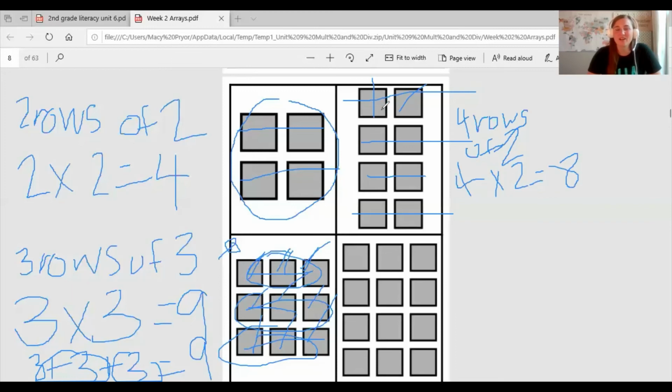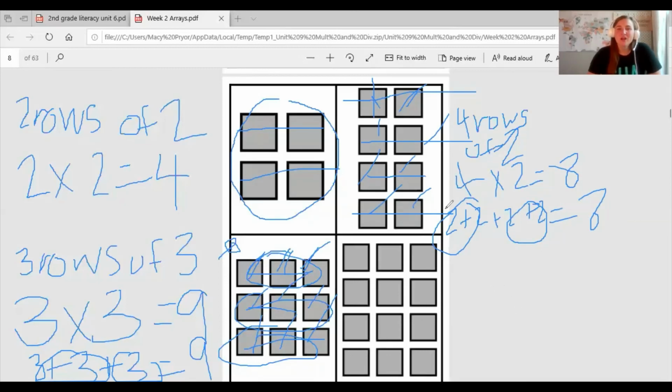There are 8 boxes. 1, 2, 3, 4, 5, 6, 7, 8. All right, and we can also write 2 plus 2 plus 2 plus 2 equals 8. Because I know 2 plus 2 is 4, 2 plus 4 is 6, and 4 plus 4 is 8.